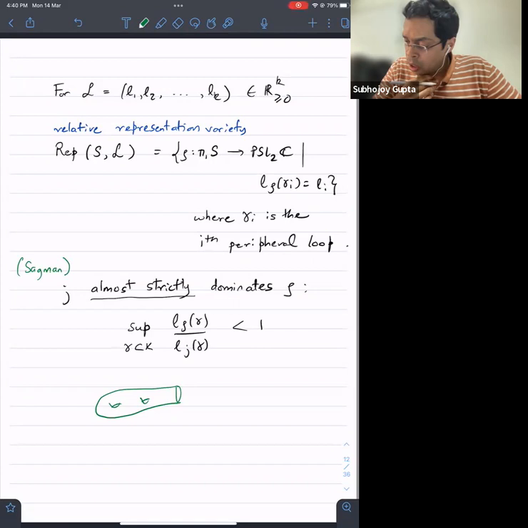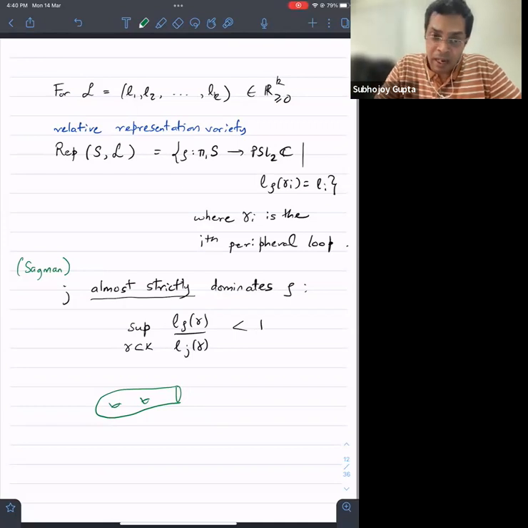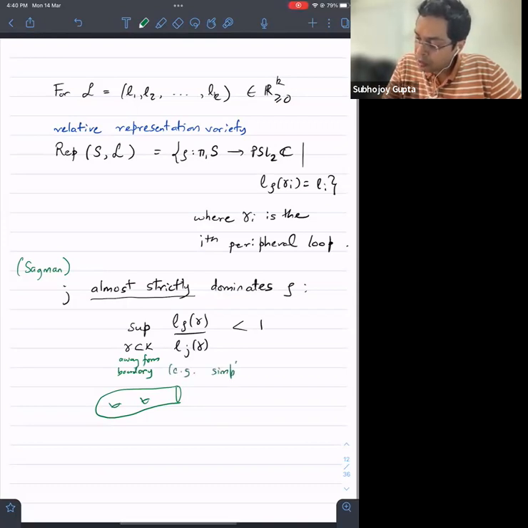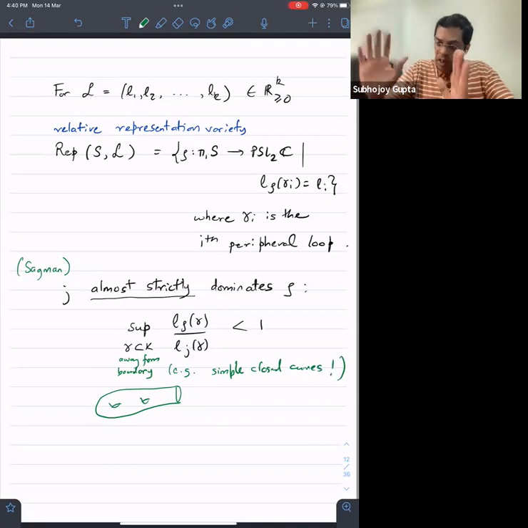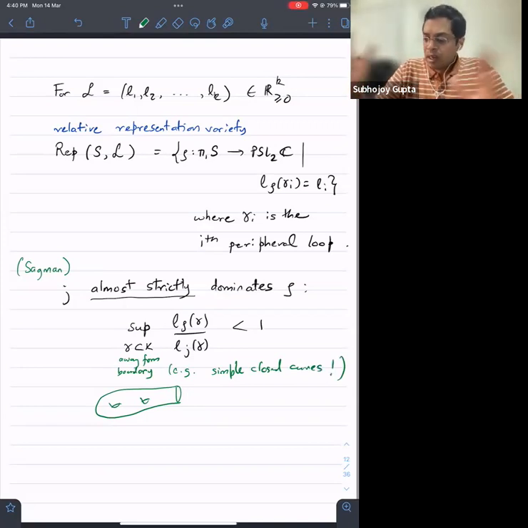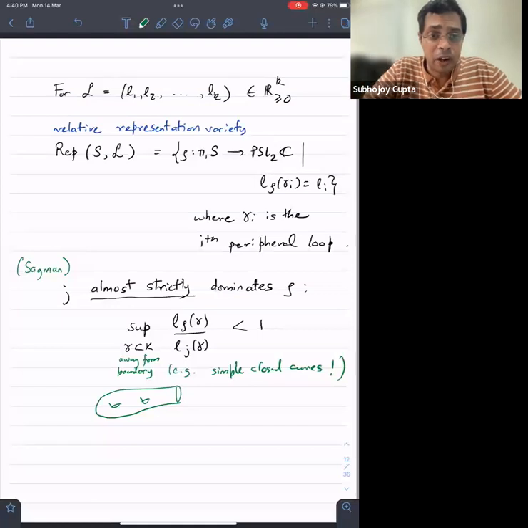And this is where there's strict domination amongst curves contained in some compact set which is away from the boundary. So if you pick any compact set, there's some strict inequality. One example is simple closed curves. So remember that. Here you think of fixing some reference complete hyperbolic metric on your punctured surface, and that's where this definition makes sense. Simple closed curves stay away from cusps.